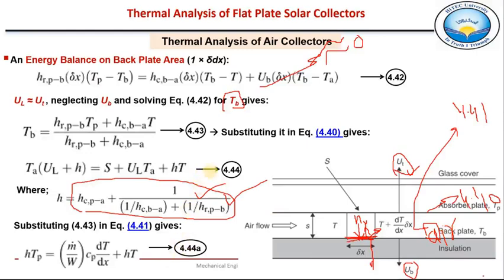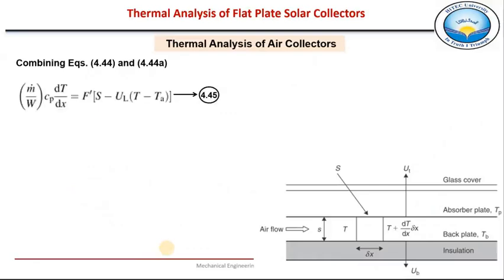And now after solving these two equations simultaneously we get equation 4.45. The derivation steps are not included because we do not have time, because we still want to study the concentrators.